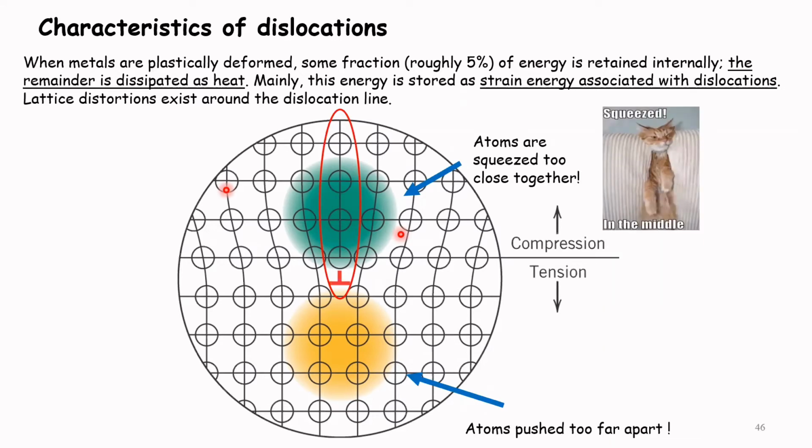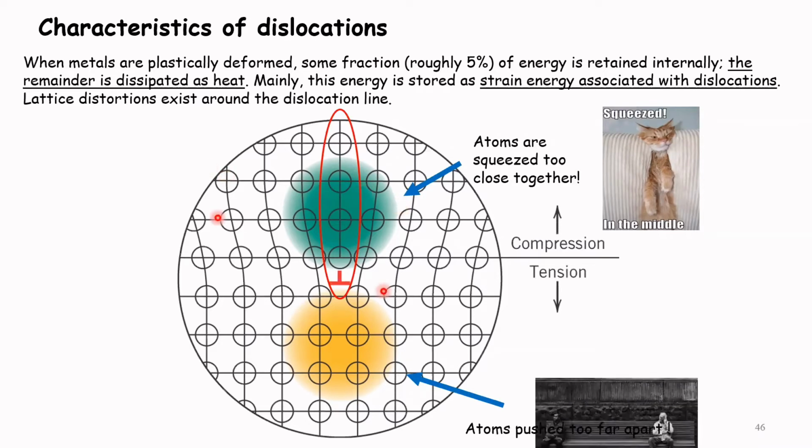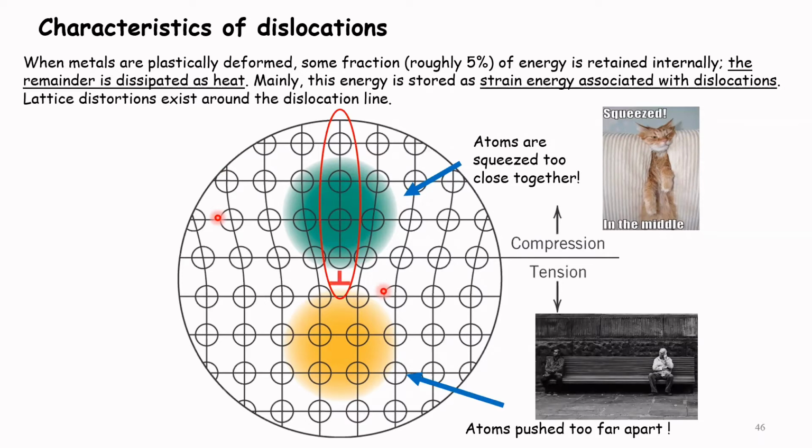As a result, these atoms experience a compressive strain relative to their position in the perfect crystal far removed from the dislocation. Directly below the half plane, the effect is just the opposite, where the lattice atoms sustain a tensile strain.